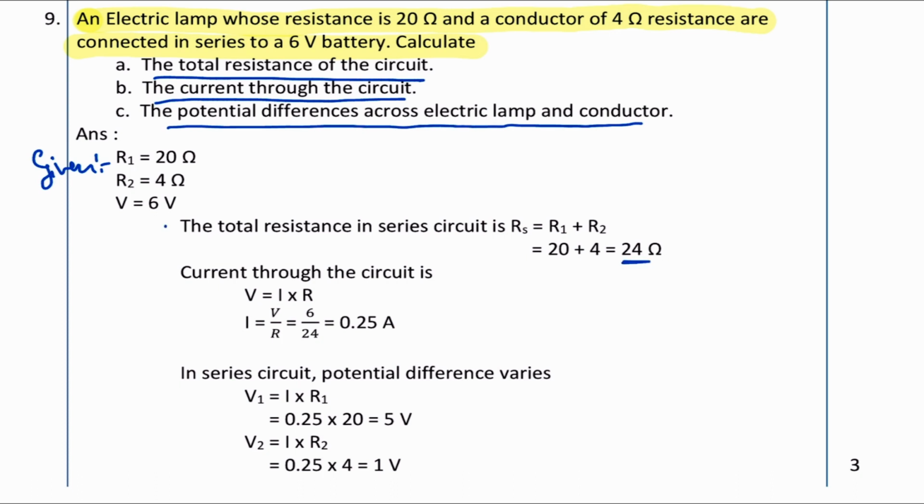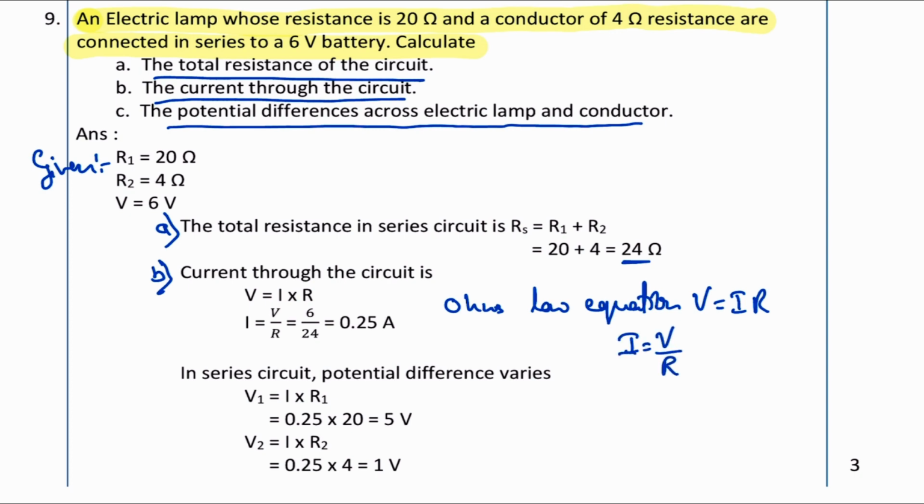Current through the circuit, this is for A, and this is B. As you all know, Ohm's law formula: V is equal to IR, and we can also write it as I is equal to V by R. This formula is used here.